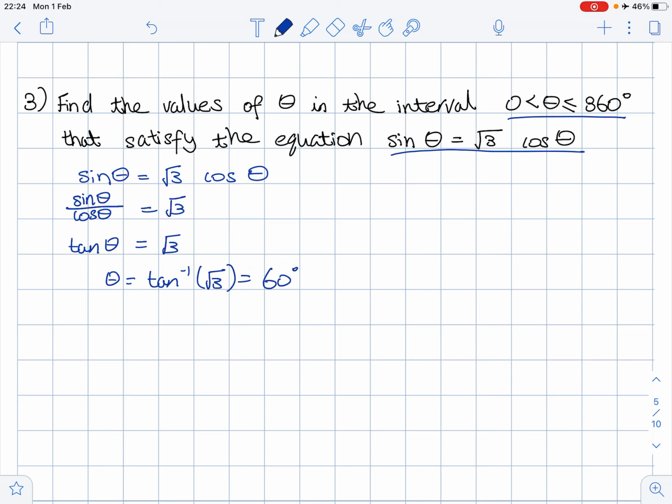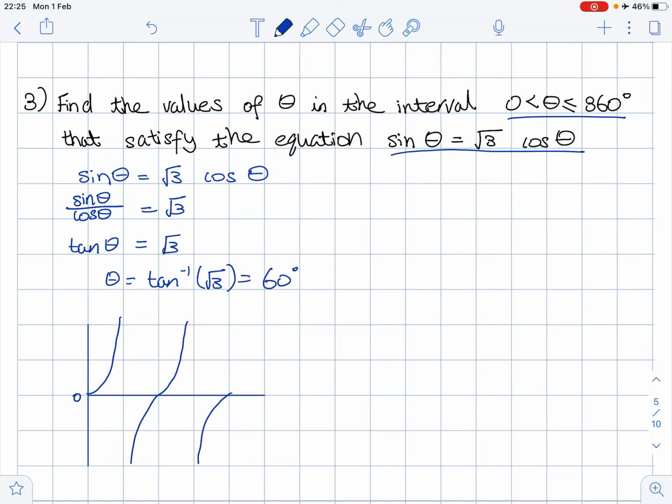60 degrees. So let's do a sketch of our tan curve. This is a sketch of a tan curve, and it goes on infinitely.